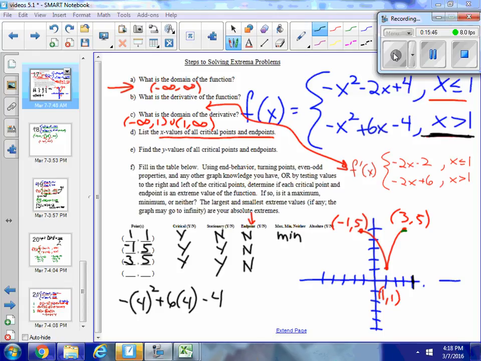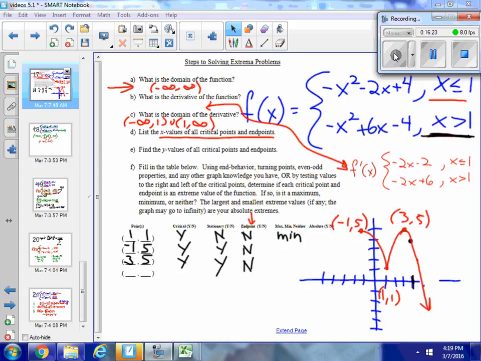Well, that gives me -16 plus 24 minus 4. Well, -16 and -4 is -20. Plus 24, that means my y value at 4 is going to be 4. So it's telling me that this graph is going to go down. And that's the last turning point. It's just going to keep going down forever.